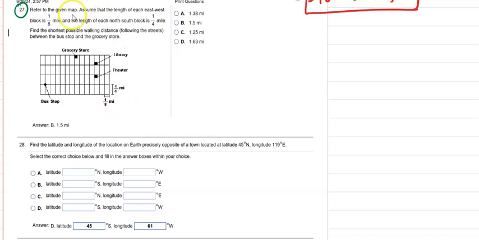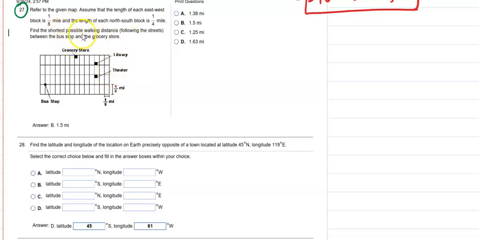Refer to the given map. Assume that the length of each east-west block is 1/8 mile. So east-west, each block represents 1/8, and north-south represents 1/4.